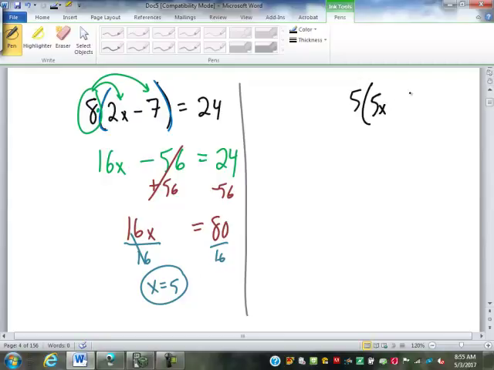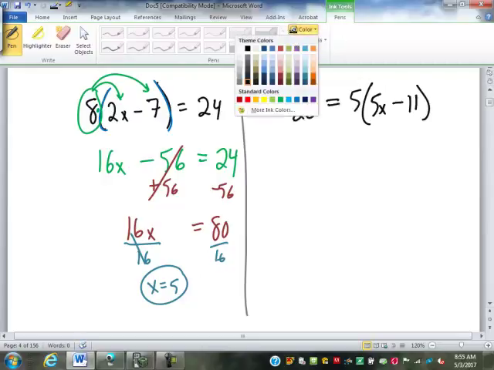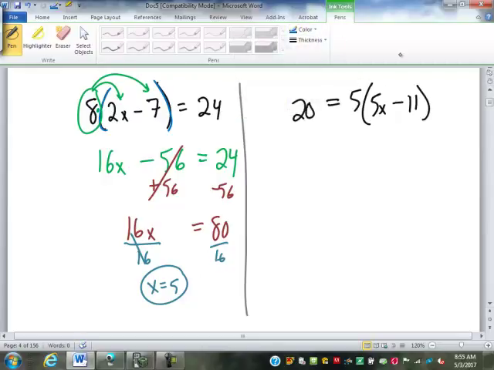So what am I going to do here? There's nothing to do in the parentheses, so I'm going to multiply by the 5. 5 times 5x is 25x. And then 5 times negative 11 is negative 55.